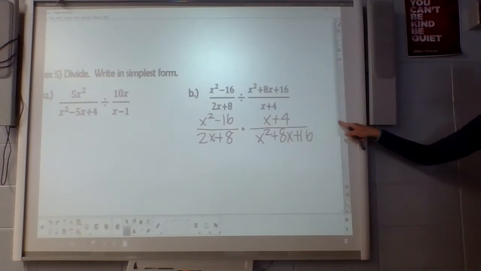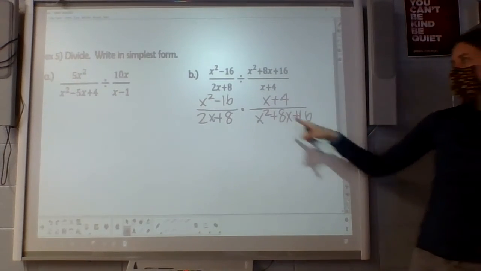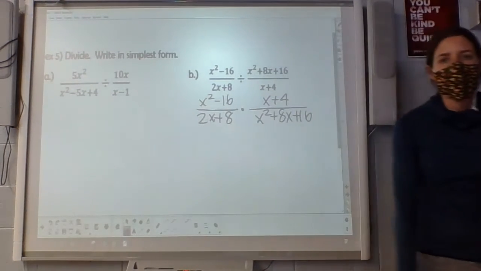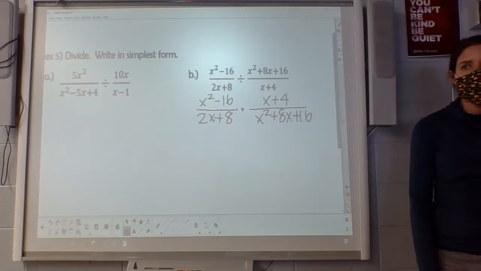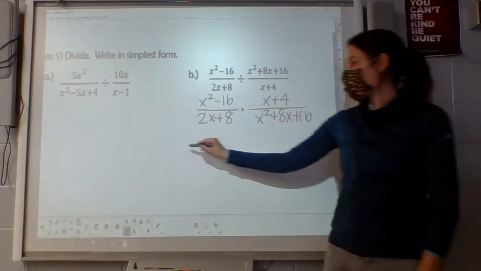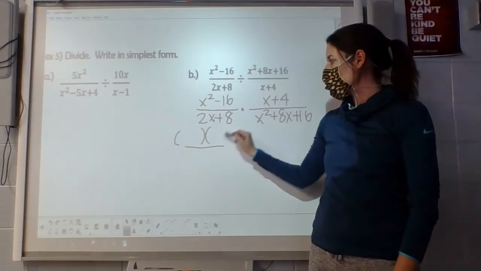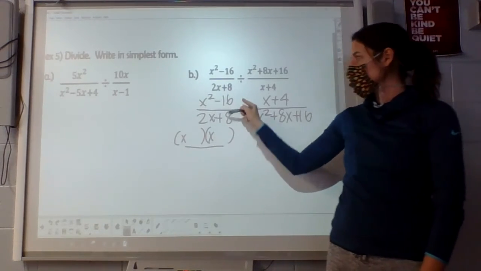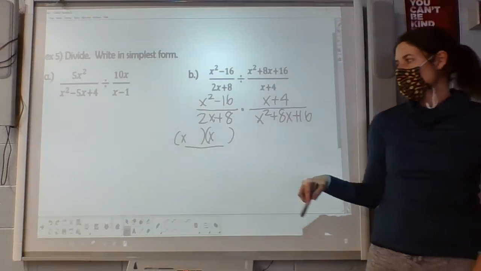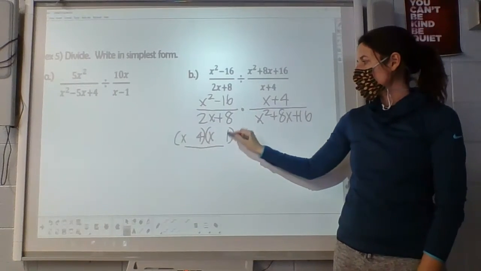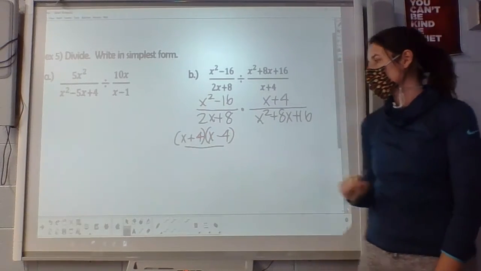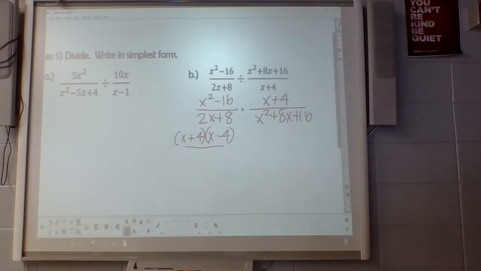So, upper left here, x squared minus 16. Those are opposites. That's a difference of squares. So x times x, and 16 is going to be 4 and 4, positive and negative. But the bottom of that?